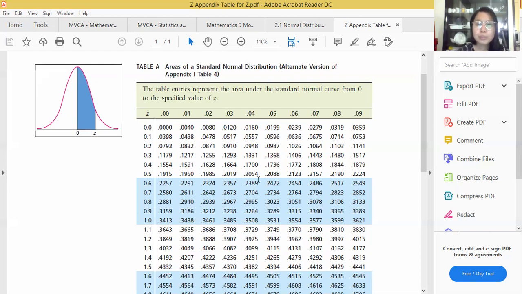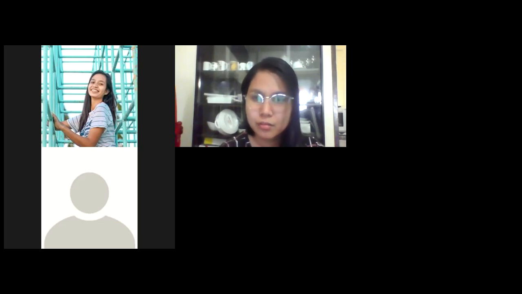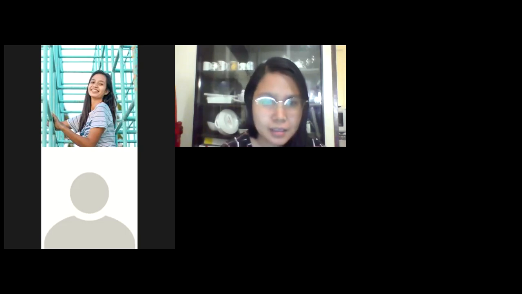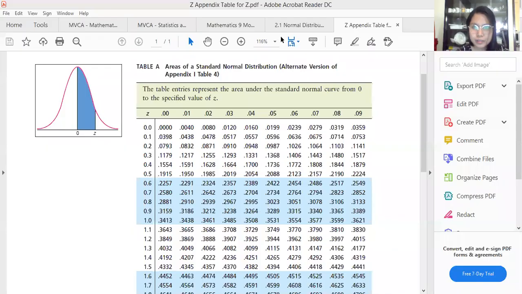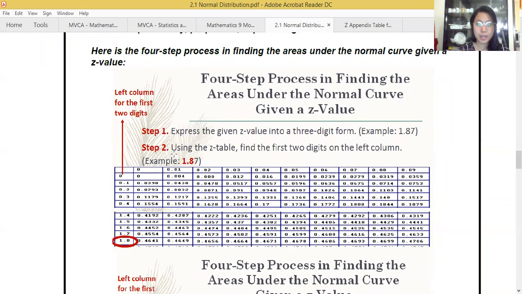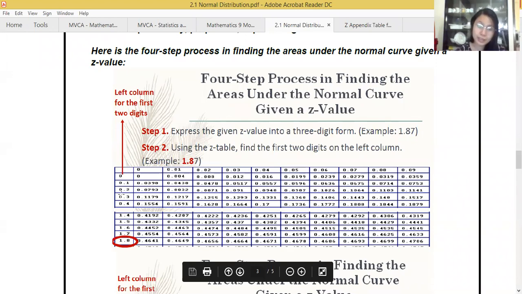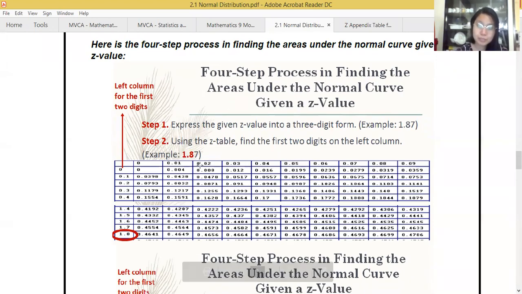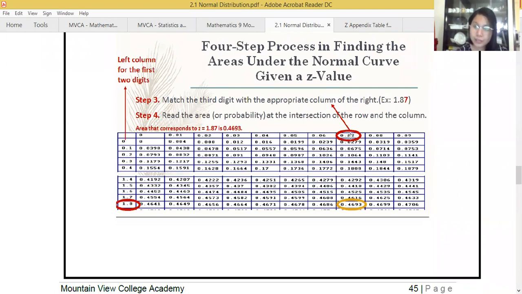Example, for the value of 1.87, you look at 1.8 in the vertical line, and then the 7, you look at on the top.